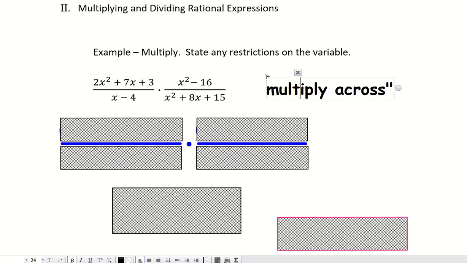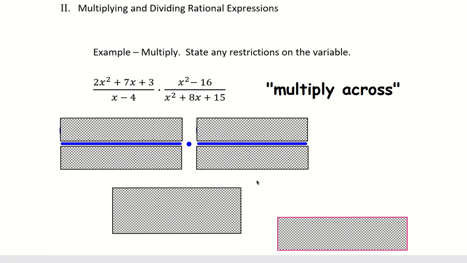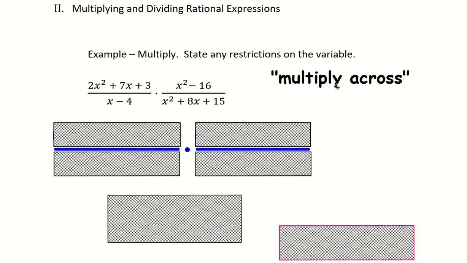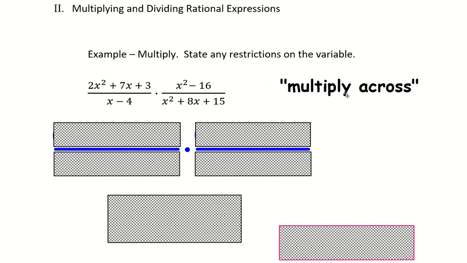I don't know if this is how you were taught this, the exact verbiage, but you multiply across, right? Now, look at this. If I told you to multiply this trinomial to this binomial and this binomial to this trinomial, that's ugly town, right? It's doable, but no, that's not what we're doing.